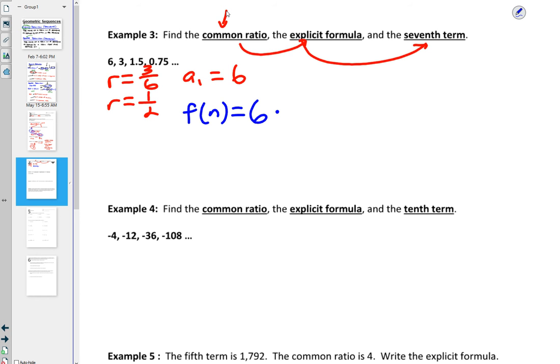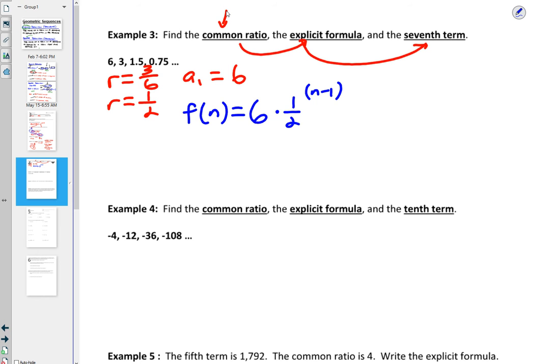For ratios, we've been using parentheses, but they use the dot a lot for sequences, so I'm just going to use a dot. Times 1/2 to the power of n minus 1. So then for the last part, what's the only thing we've got to do to find the seventh number? Because explicit formulas are the ones that can be substituted into.